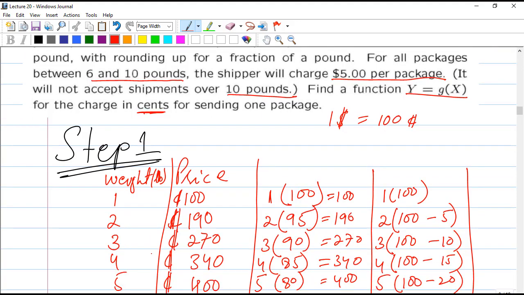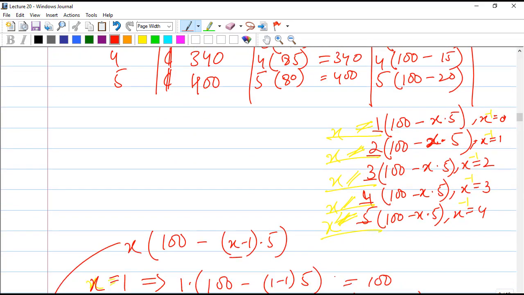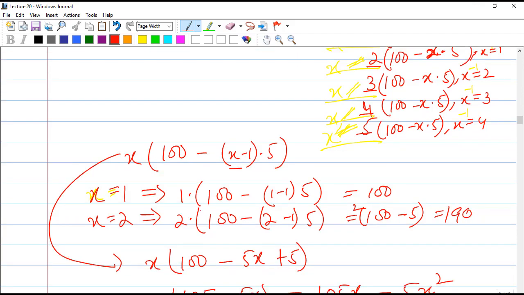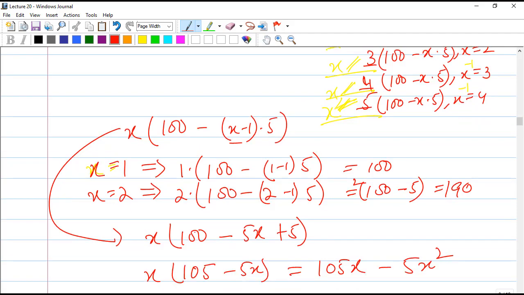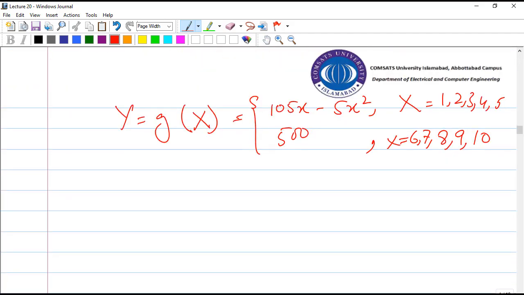Even if it is very big, you can start with certain small values and come up with the generalized form of this function, and that should be verified for certain values of x. Here we have just 5 values, so you can verify it for x equal to 1, 2, 3, 4 and 5. That's not a big deal, it is straightforward, just a step-by-step method.